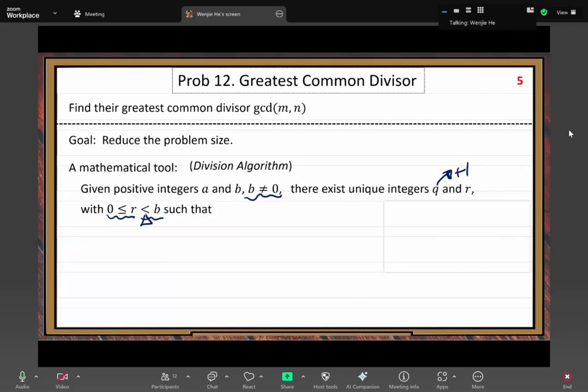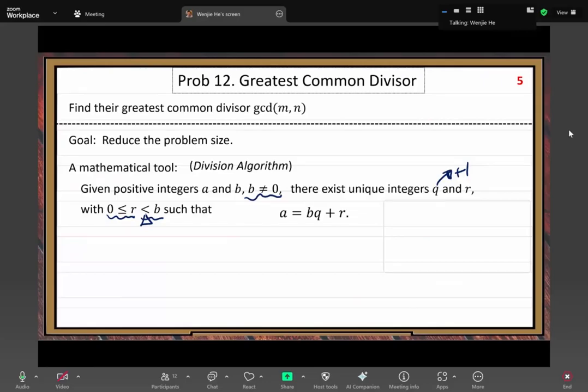Then we can write the integer division formula. A equals B times Q plus R. Very simple, right? But this is a basic method we call the division algorithm, and it is very important in number theory.